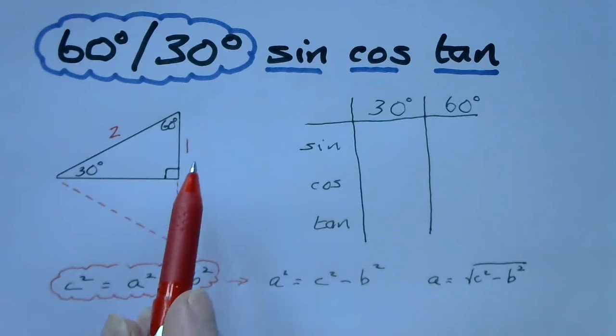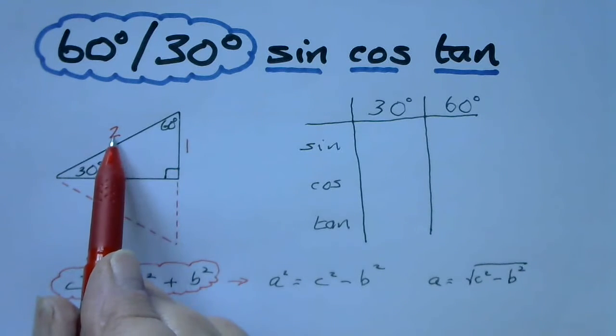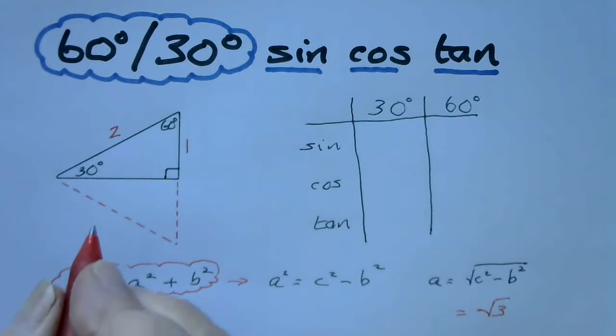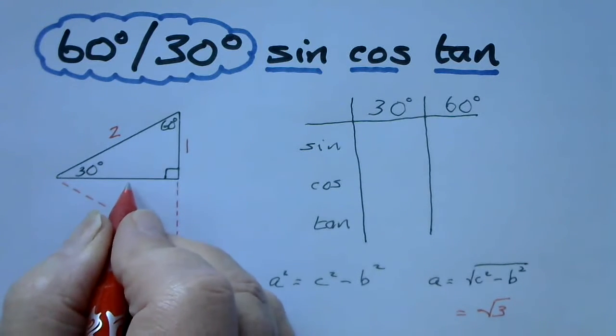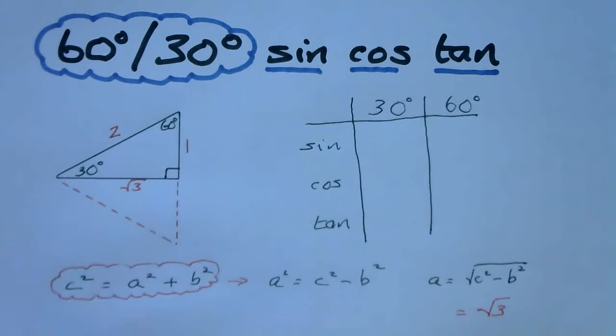Now then, if I plug these two numbers in, 1 and 2, we can easily work out that a is of length square root 3. And I leave it as that. I don't work it out as a pure number. I just leave it as a surd, square root 3.